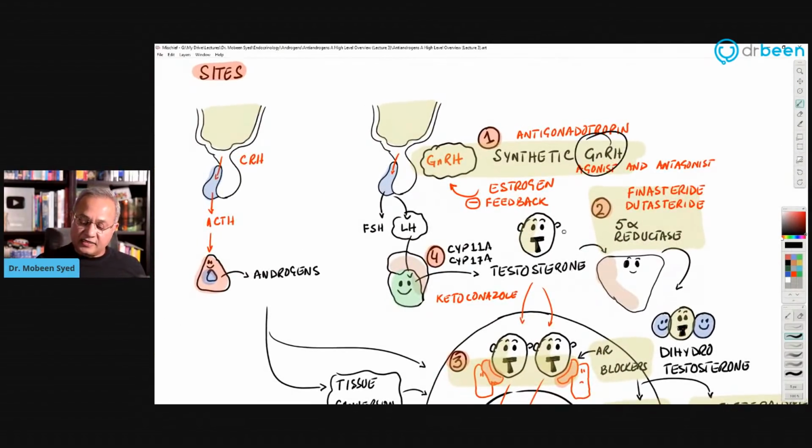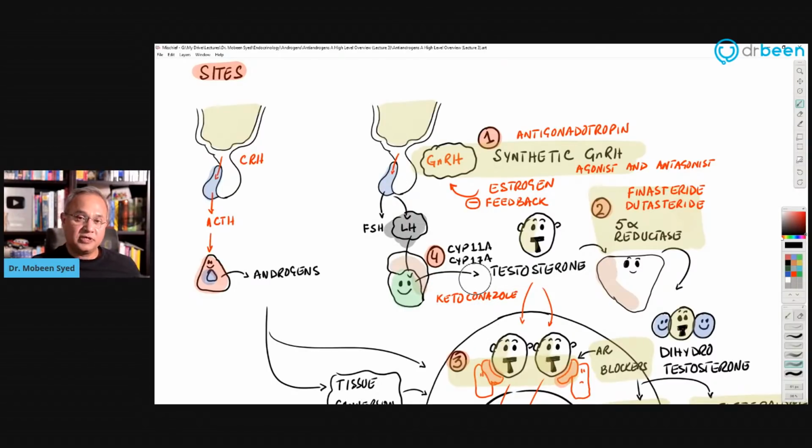when the synthetic gonadotropin releasing hormone is given, anterior pituitary cells are going to become overstimulated. And then in the beginning, there is a surge of luteinizing hormone and a surge of testosterone. But slowly, within 2 to 3 weeks, the anterior pituitary cells would downregulate themselves so that they can respond less to the GnRH. When they downregulate themselves, this whole cycle will become downregulated.